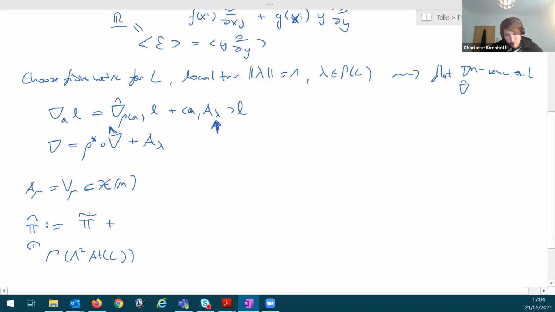Tilde denotes the horizontal lift with respect to nabla hat. This is a bivector field, so we can lift that with a horizontal lift. We can also lift the modular vector field, and then we can wedge it with the Euler vector field. And now this defines a Poisson structure.